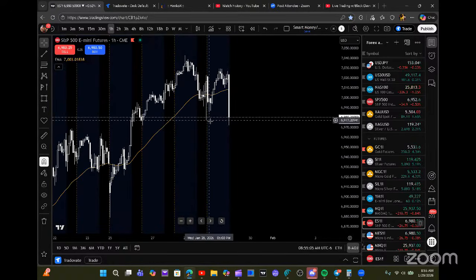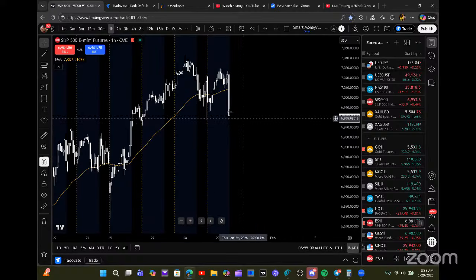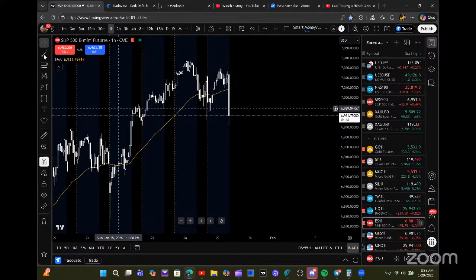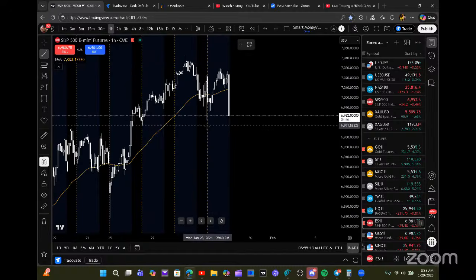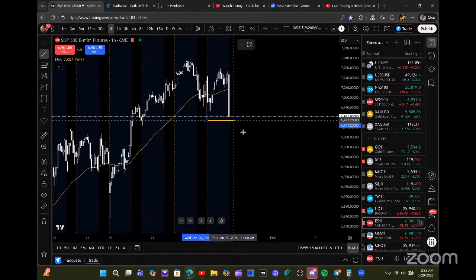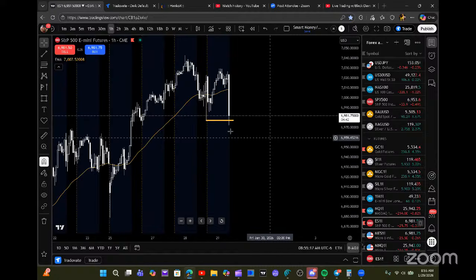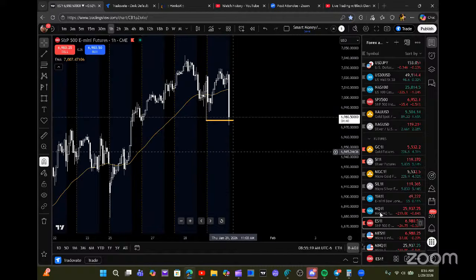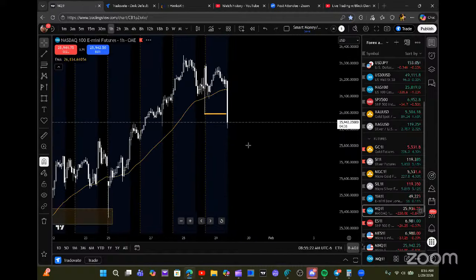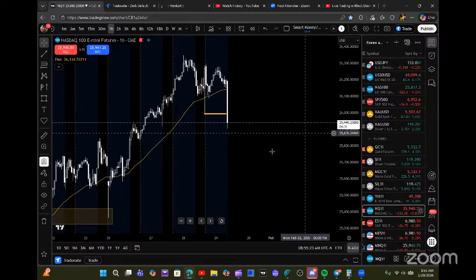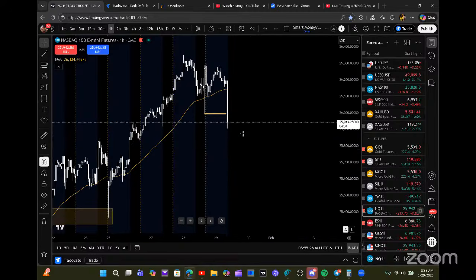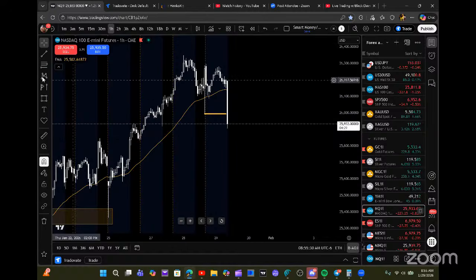ES just did almost like a little sweep, but I'd rather see a full candle. I want to see a candle close outside of there. There are 4 minutes and 30-something seconds left on that 1 hour candle, so I want to see what happens there.